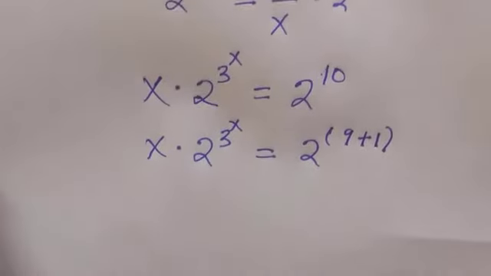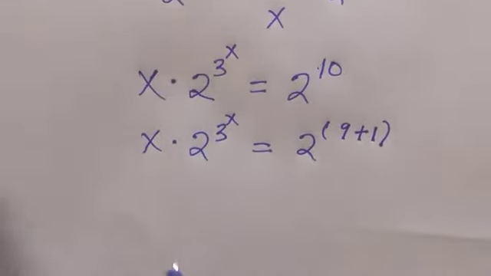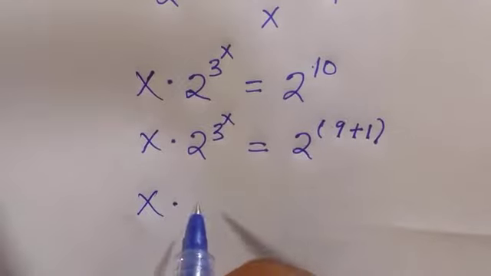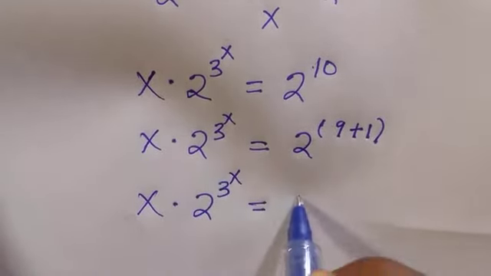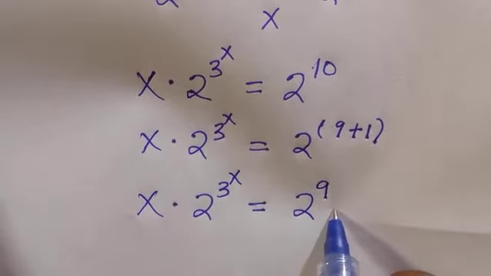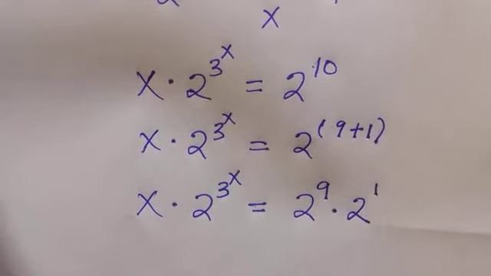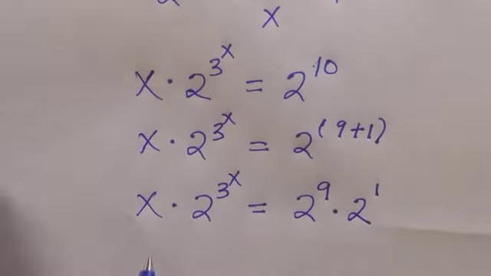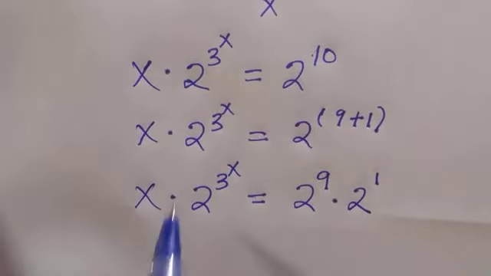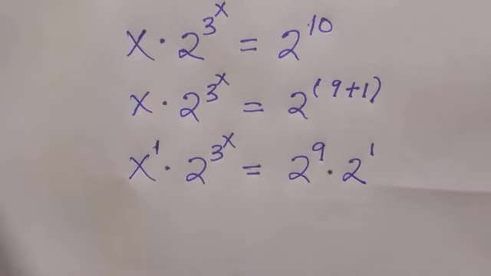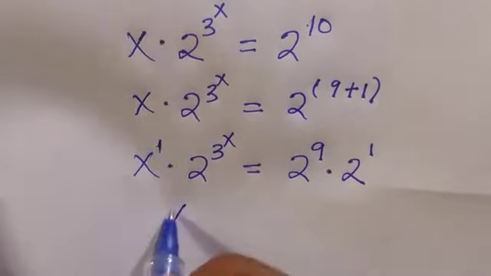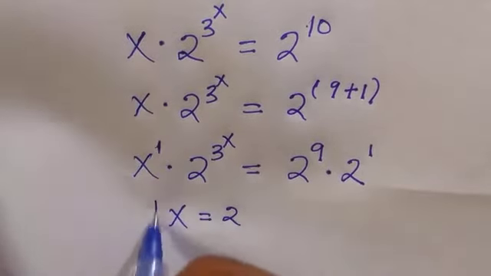Okay, we have a reason for this, because I want to compare the coefficients, and to do that we have x dot 2 raised to the power 3 raised to the power x equals, I can separate it as 2 raised to the power 9 dot 2 raised to the power 1. So getting this, I can compare x raised to the power 1 with 2 raised to the power 1, and compare 2 raised to the power 3 raised to the power x with 2 raised to the power 9. So therefore we have x equals 2.